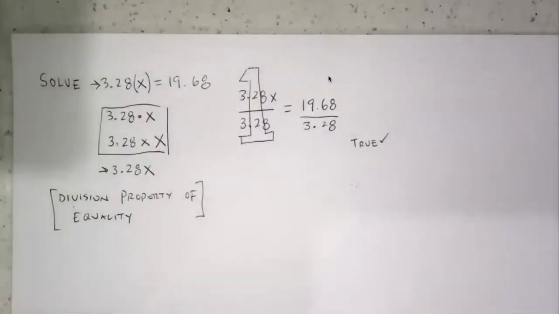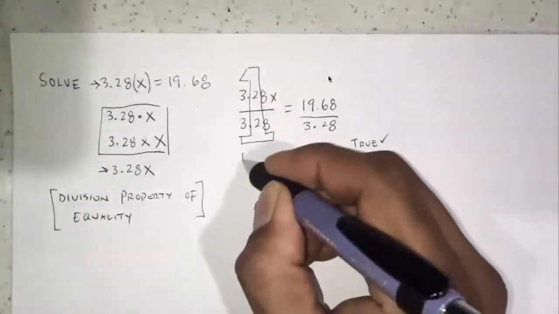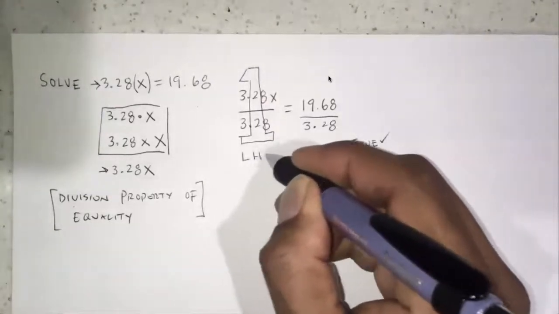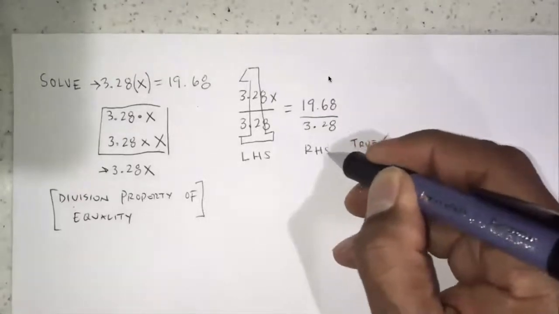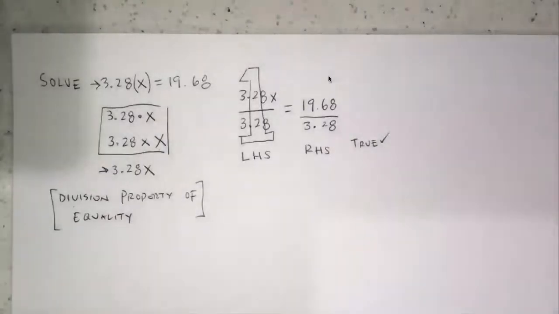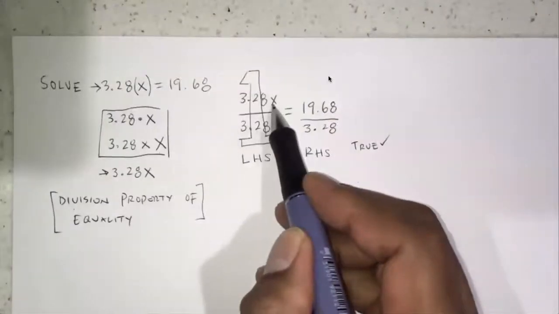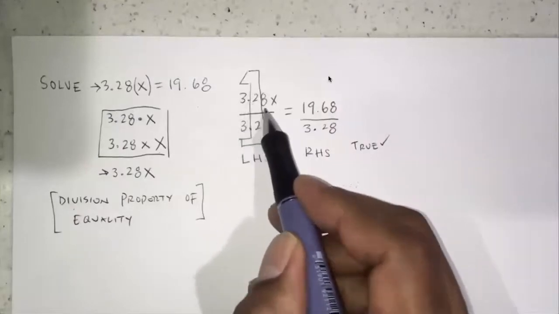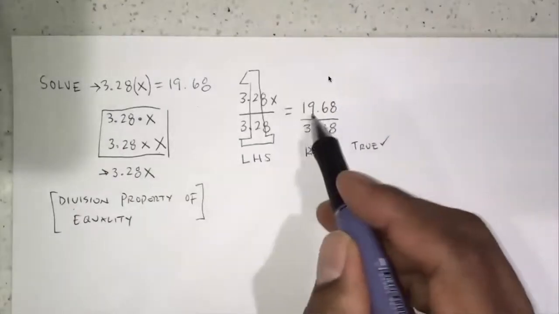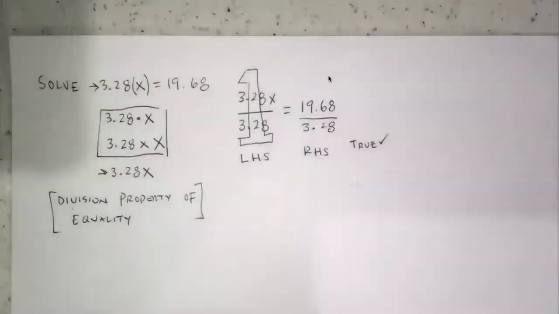Remember we talked about what makes this true. The left-hand side and the right-hand side must be balanced. They must always be equal. We're looking for that number that, when we multiply it by 3 and 28 hundredths, will equal 19 and 68 hundredths. Again, we're looking for this variable.